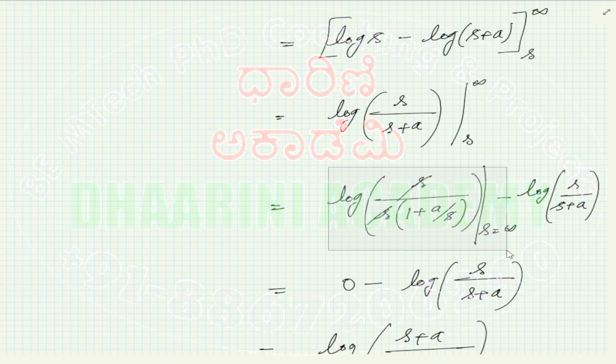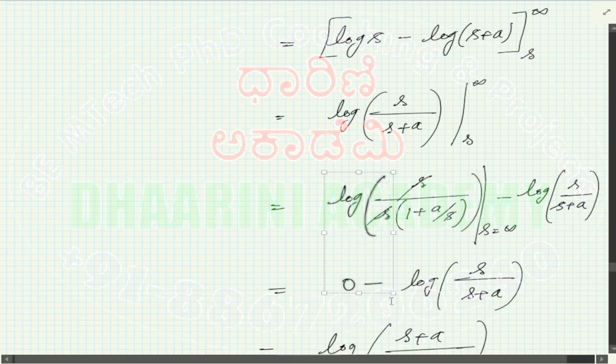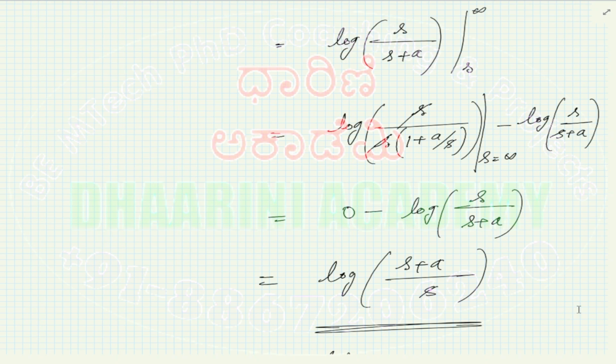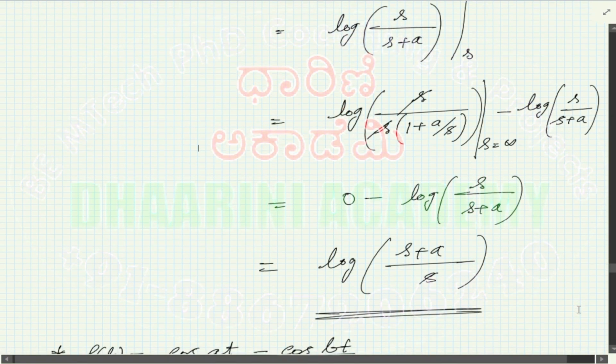So log 1 is 0. That's why you can see log 1 becoming equal to 0 in the next stage. Then s is substituted as s, meaning it remains as it is. Always, log infinity does not exist, so I need to make sure that doesn't come into the picture.